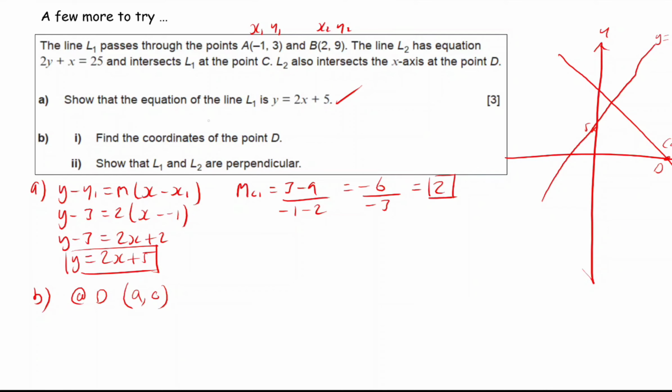Now we're already told the equation of L1. To find the coordinates of point D, we need to use the equation of L2, which we're also given. L2 is 2y plus x equals 25. We already know that y has got to be 0. So if we substitute 0 into this, we end up with 2 times 0 plus x equals 25.